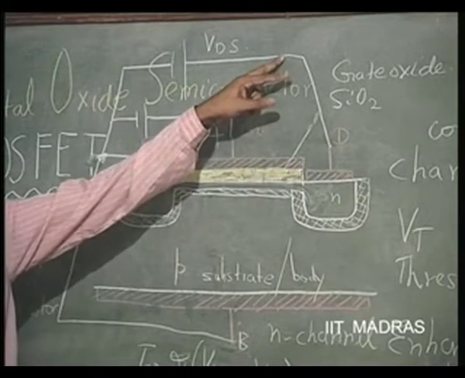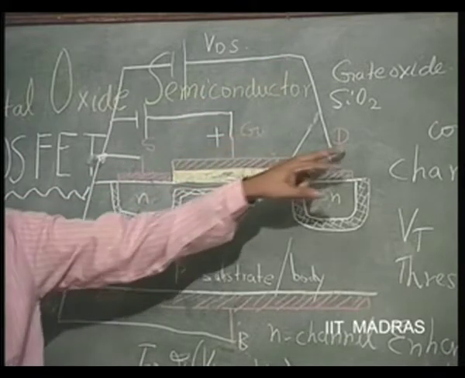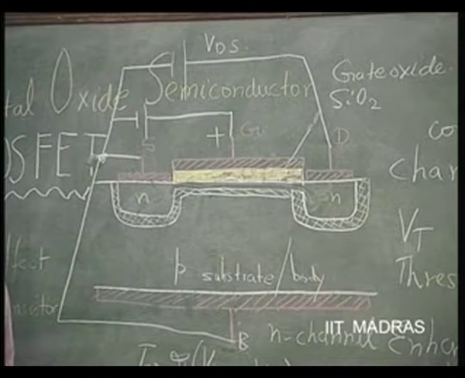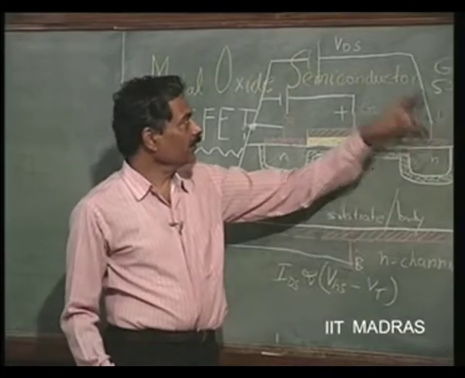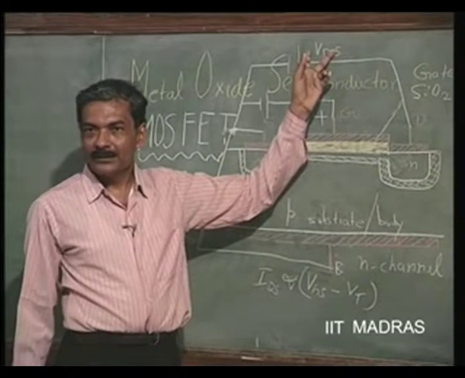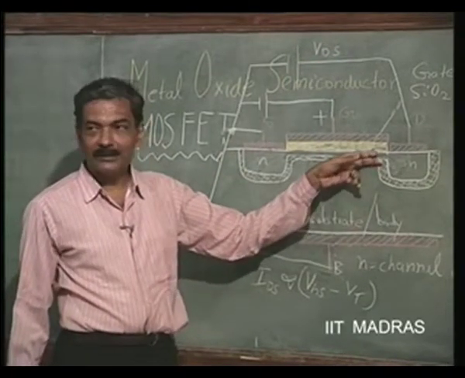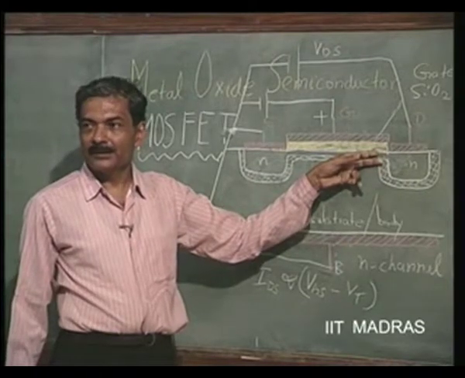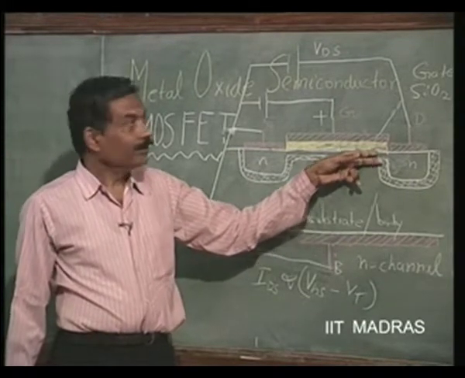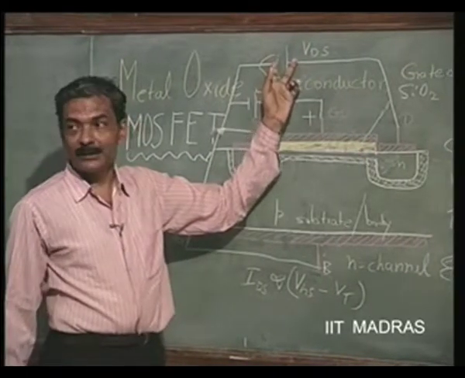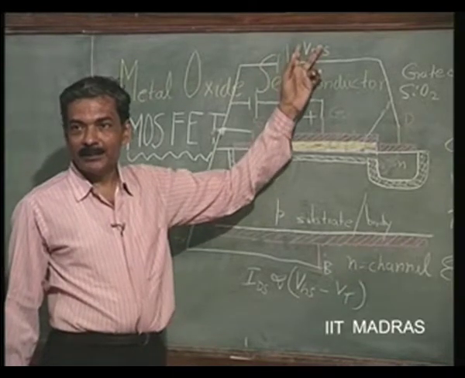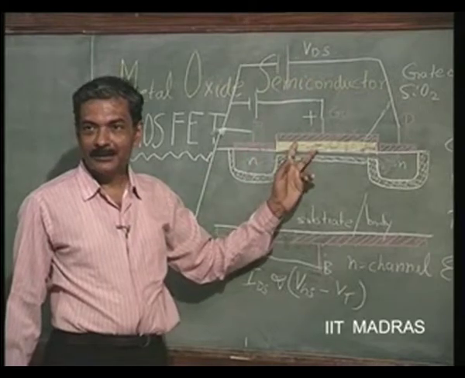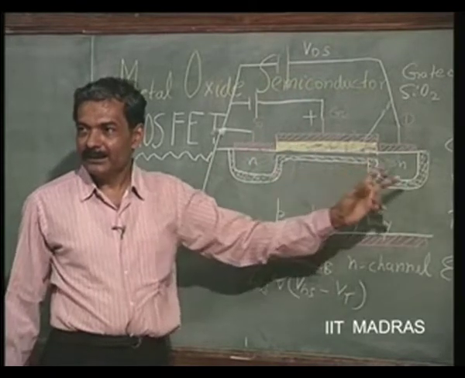The voltage is positive with respect to this, this is also positive, then VDG is going to be less than VGS, whatever VGS you have applied, the VDG is going to be less by a factor of VDS. So, this depletion layer width here or this channel width here has to decrease. This channel width will keep on decreasing until what happens? VDS becomes equal to VGS minus VT, right.